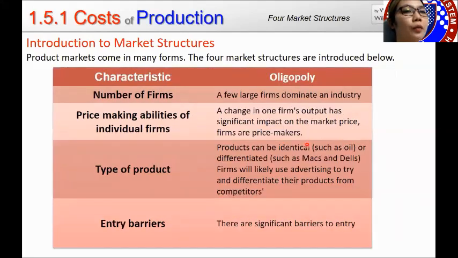While in oligopoly, the firms are price makers. They set their own prices.